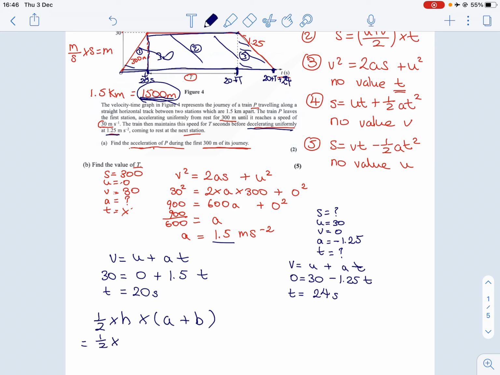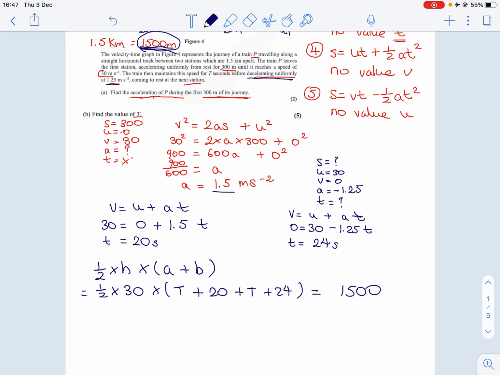So half times the height, which is 30, times the top, which is t, plus the bottom, 20 plus t plus 24. And we know the area is equal to 1,500 meters.